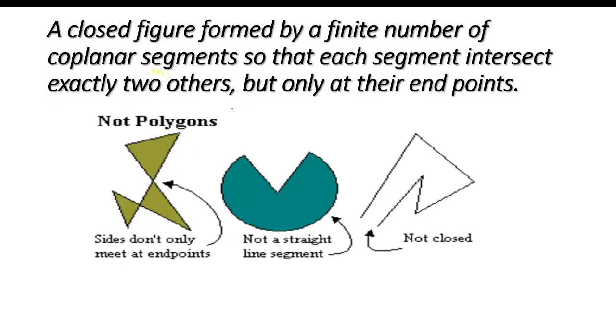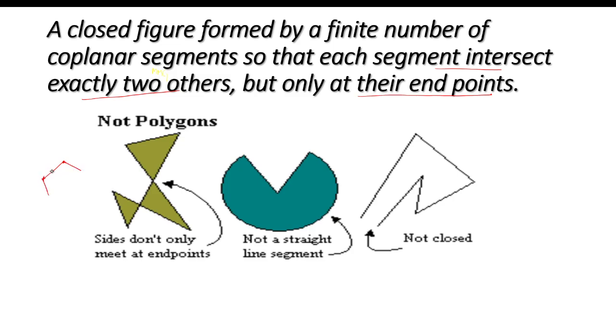Now here, a closed figure formed by a finite number of coplanar segments so that each segment intersects exactly two others but only at their end points. So in a polygon you always have to note that one line segment should be joined with only two other line segments.